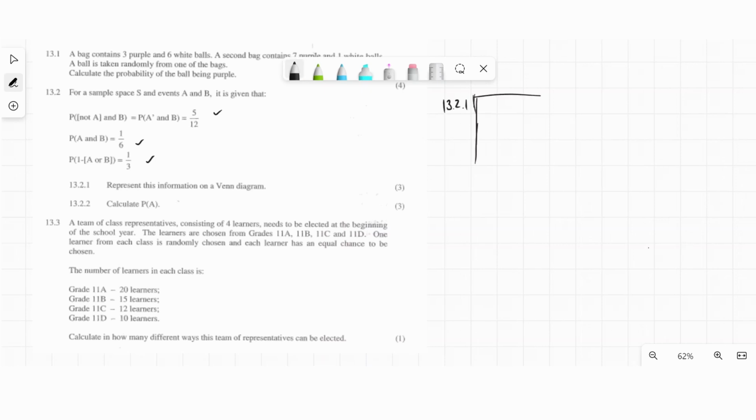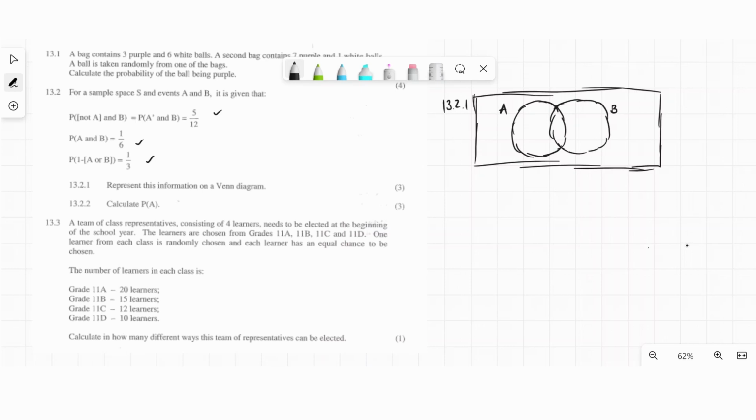So let's represent it in a Venn diagram. As you can see, going through the information, we see the fact that we have A and B, meaning it indicates the fact that A and B are intersecting. So let's show that. Right. So this is going to be A and this is going to be B, right?